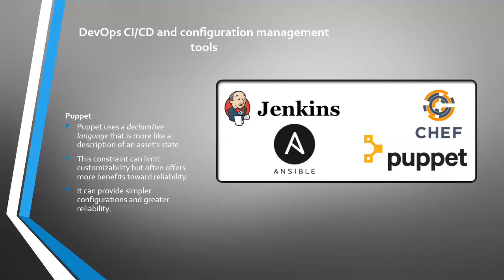The limitations force DevOps and IT teams to design ideal configurations and lay them out within constraints, reducing the amount of control you have, but often leading to simpler configurations and greater reliability.